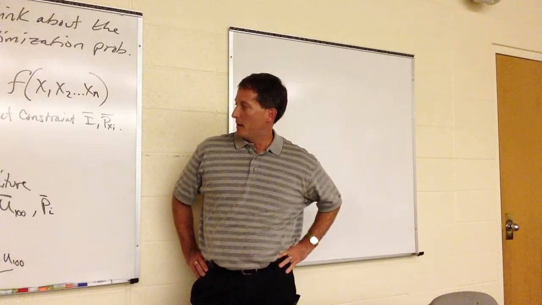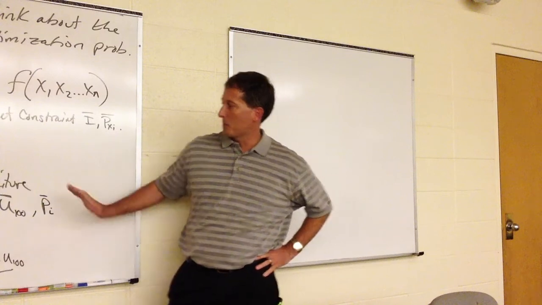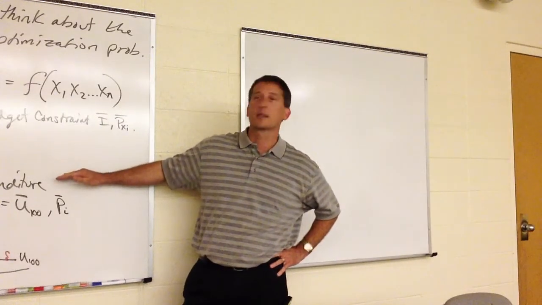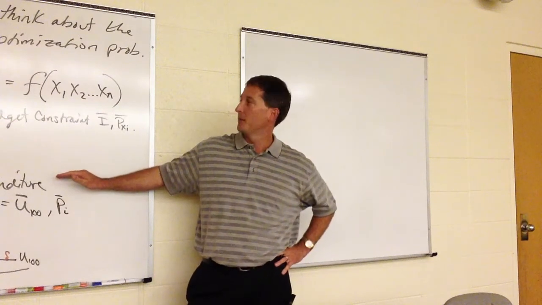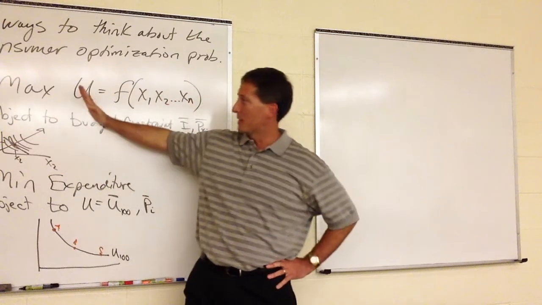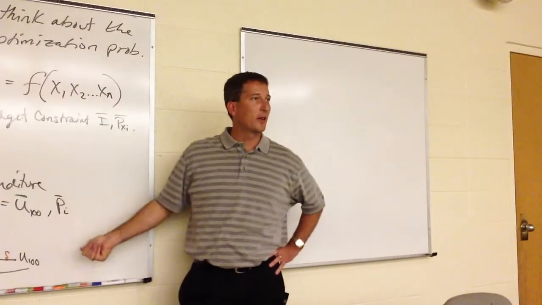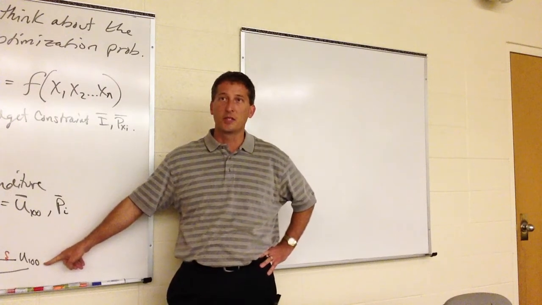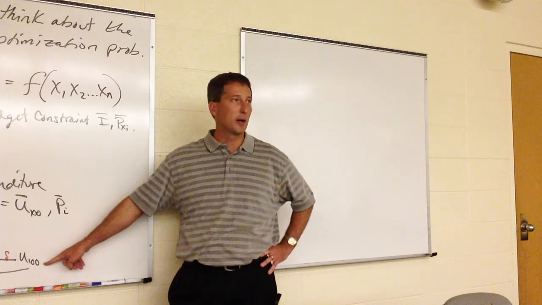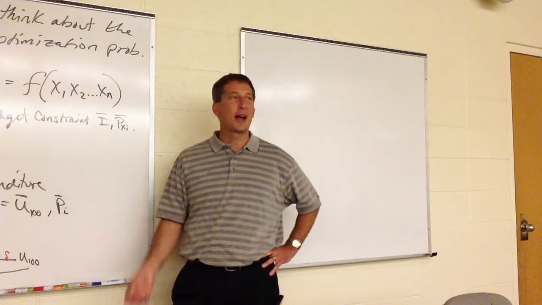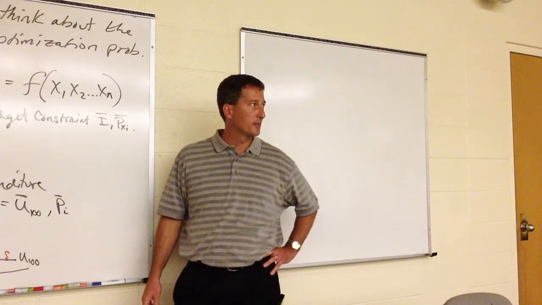And conceptually, what are we thinking about if our objective function now is the expenditures and we're trying to minimize it? I gave you this graph to kind of remember what we did with utility. What are we doing down here then? If we are trying to achieve this level of utility with the least amount of money possible, least amount of spending possible, how would you graphically add that to the picture?